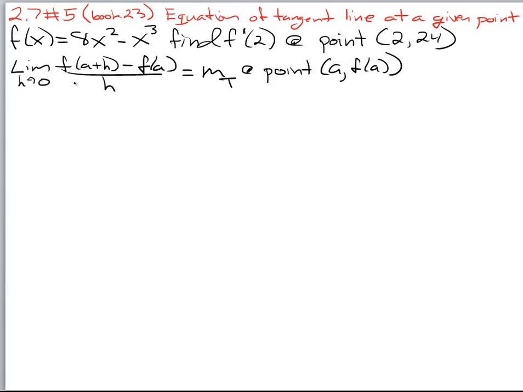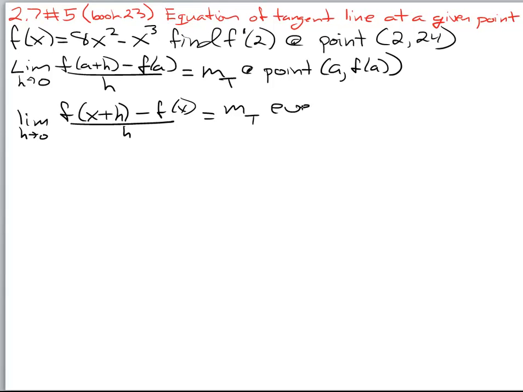If we wanted to find the general one, again, we would use f of x plus h minus f of x, all over h, still taking the limit as h goes to 0. That gives us the slope of the tangent line everywhere, right? It gives us the general equation.